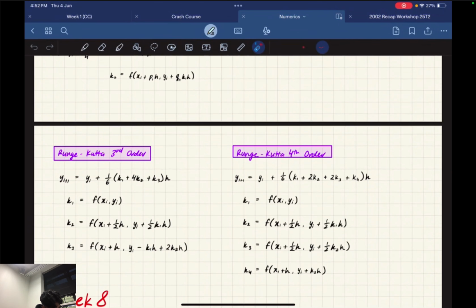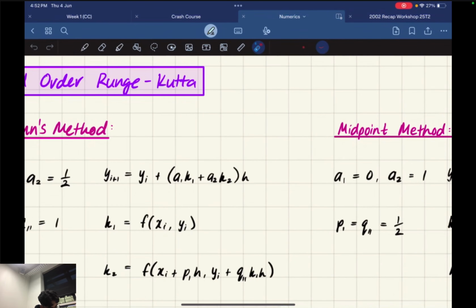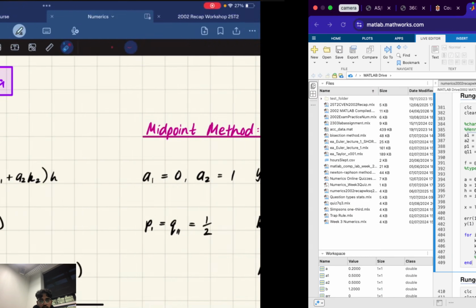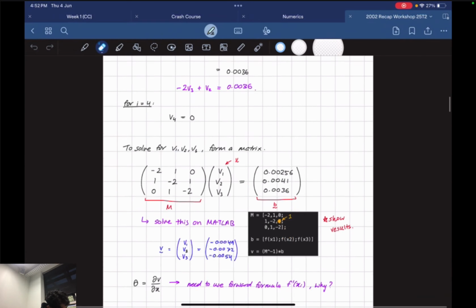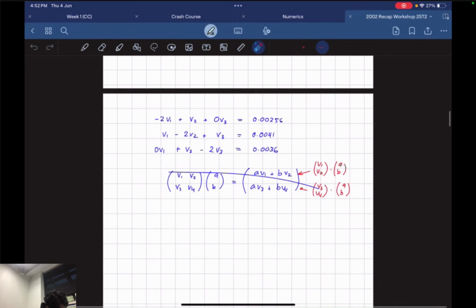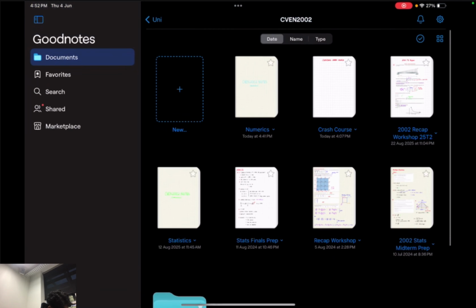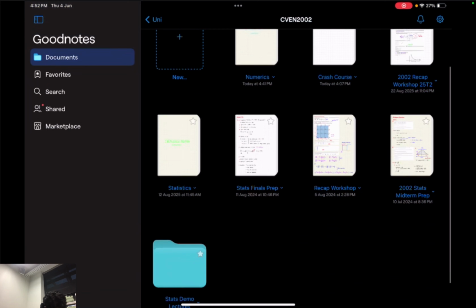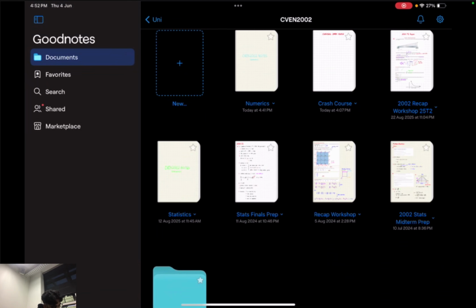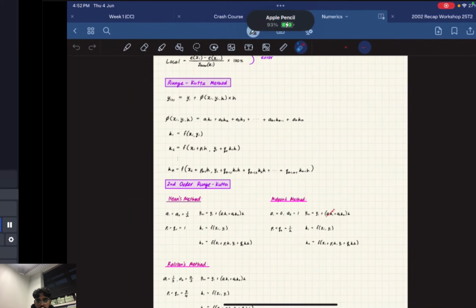I see. So Heun's method is this one here. You're pretty much just finding the y values. So if I go to a question, this is an example of a Runge-Kutta question. No, it's not. Okay, I don't have an example, actually. But I'll come back to that. I'll go through an example maybe later.